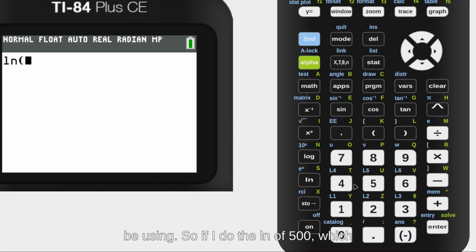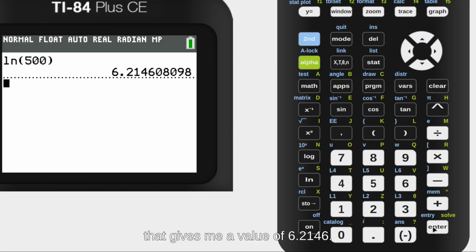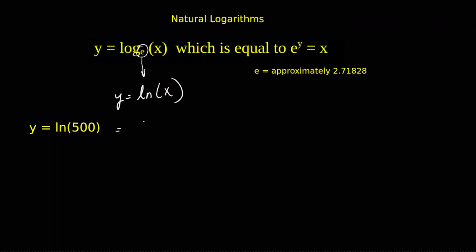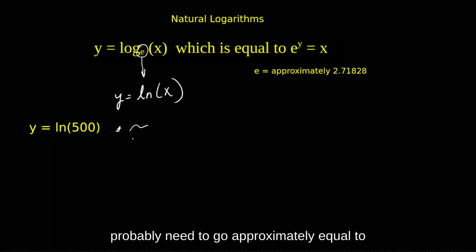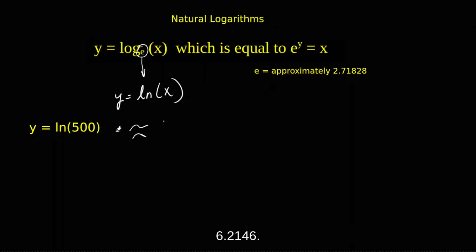If I do the ln of 500, which is the natural log of 500, that gives me a value of 6.2146. Instead of putting equal, we'll probably need to go approximately equal to 6.2146.